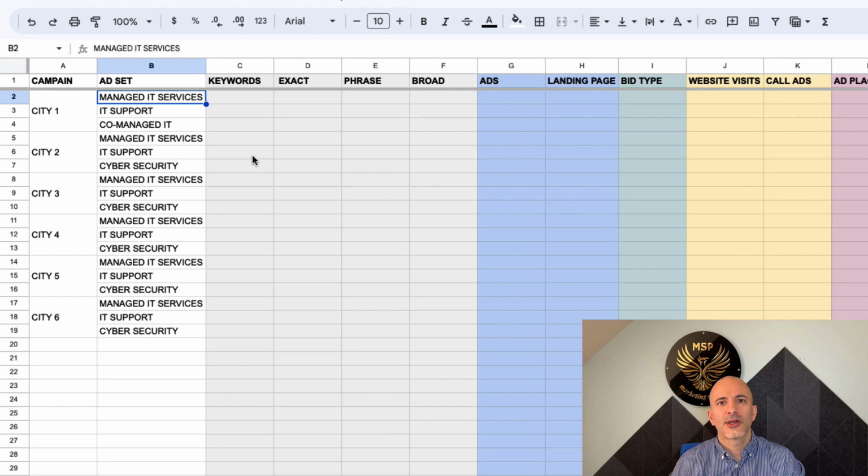Usually it's a law firm, a health center, something like that. It could be something a little bit bigger, but a health center doesn't necessarily need to be small. But someone looking for co-managed IT services in this city is going to understand IT way more than someone who doesn't, which is in the first 2 groups.